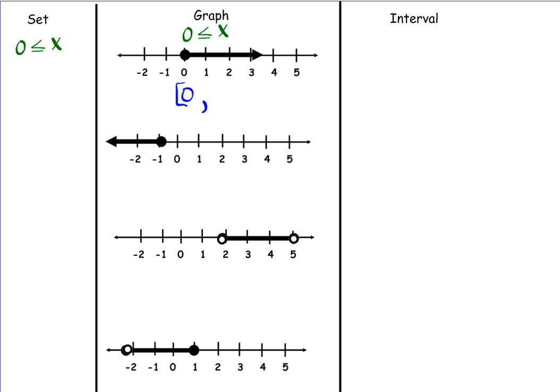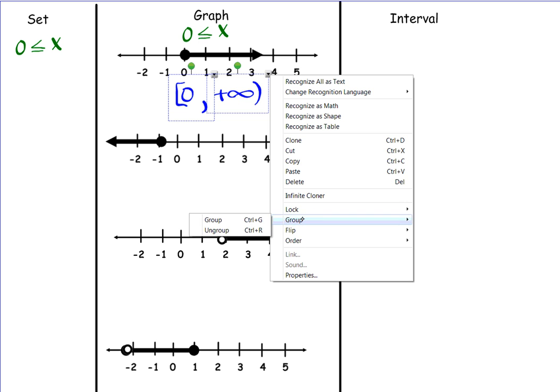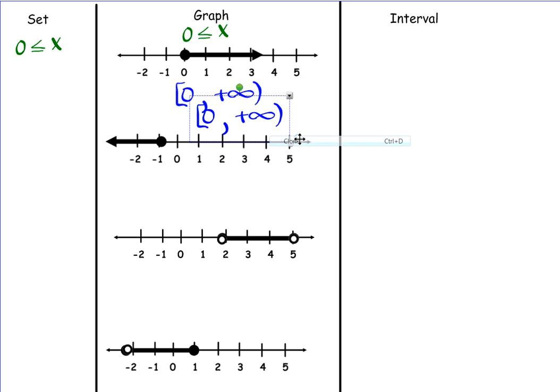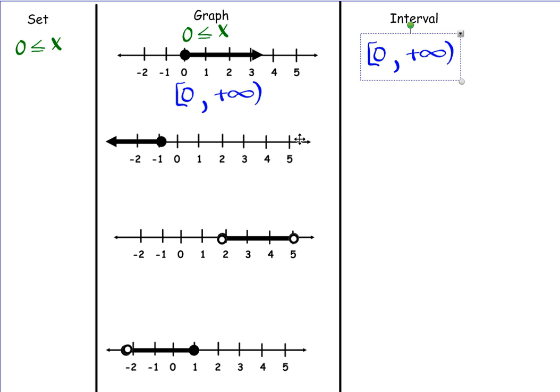And I just told you going on forever in the right direction is positive infinity, and it always gets a parenthesis. Always get a parenthesis. So here is my interval notation for that first problem.